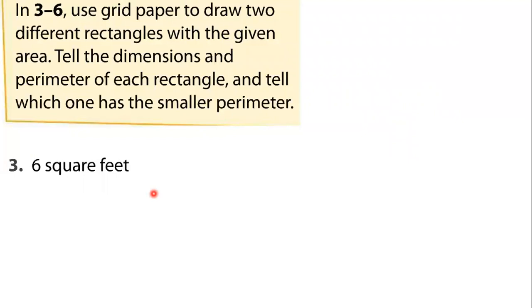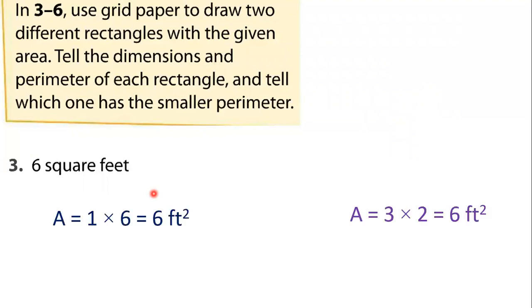First, I need to find two multiplication equations with the answer of 6. I am thinking of 1 multiplies 6 equals 6 and 3 multiplies 2 equals 6. Then I will draw the rectangles.